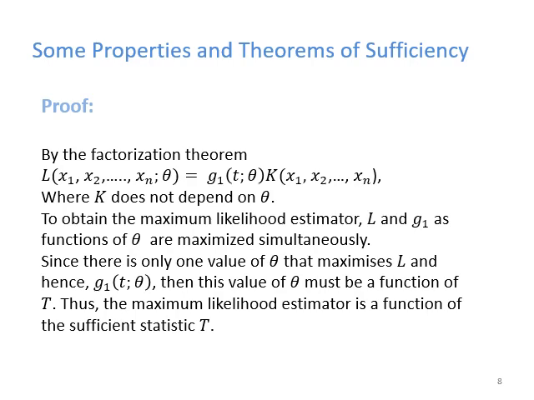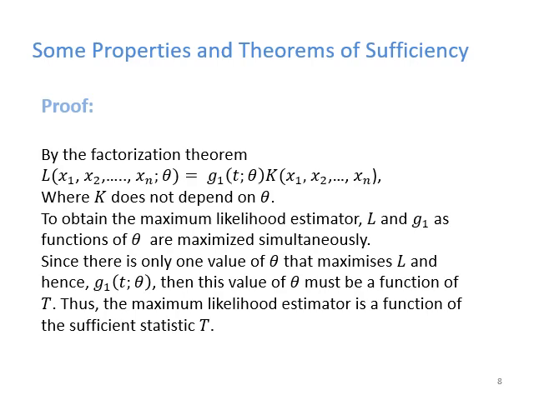Now we are going to prove this theorem. Using the factorization theorem, the likelihood function can be written as the product of two terms. The first term is g1 t and theta, which is a function in t and theta, and the other term is k, which does not depend on theta. Therefore, if we want to maximize the likelihood function, this is equivalent to maximizing g1 t and theta.